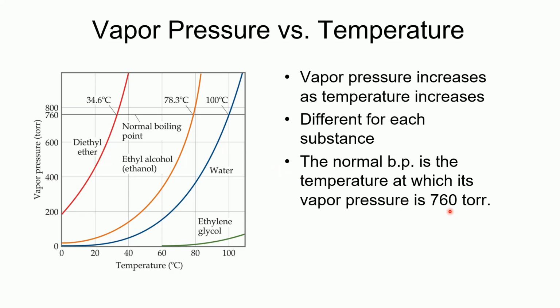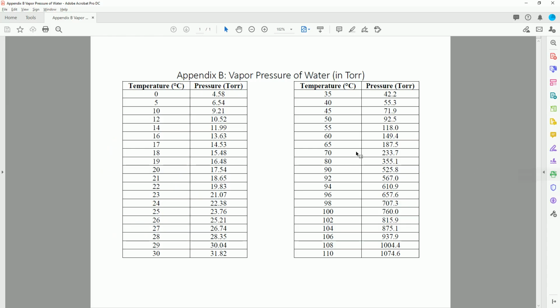Since atmospheric pressure is considered to be 1 atmosphere, and 1 atmosphere is 760 torr, when the vapor pressure equals 760 torr, that should be the normal boiling point. That boiling point happens to be 100 degrees Celsius for water. Now, I'm going to come back over here, and you'll see at 100 degrees Celsius, 760 torr is our vapor pressure.